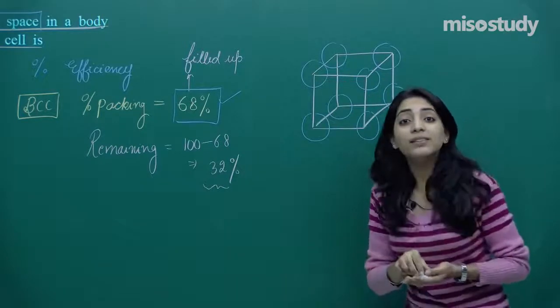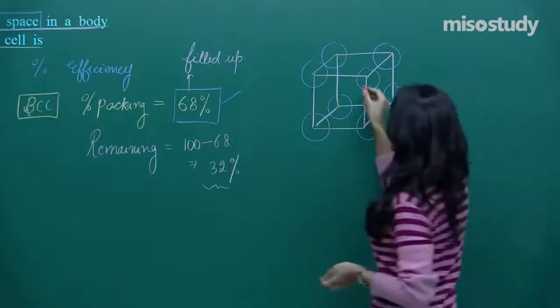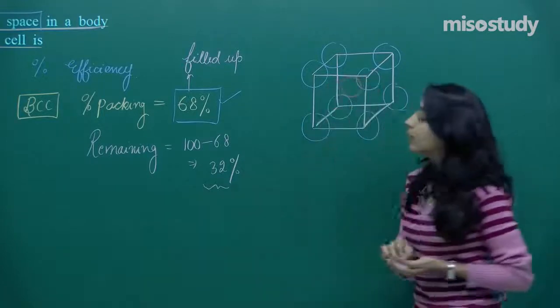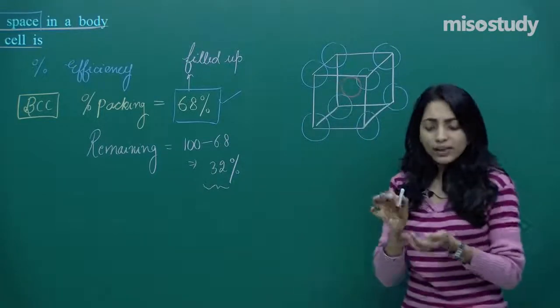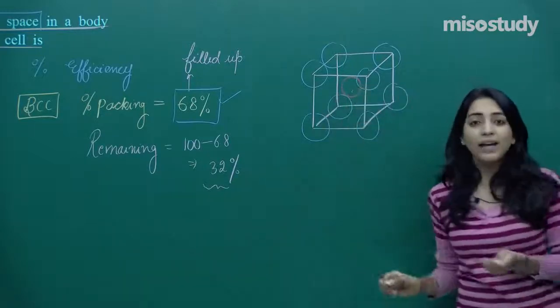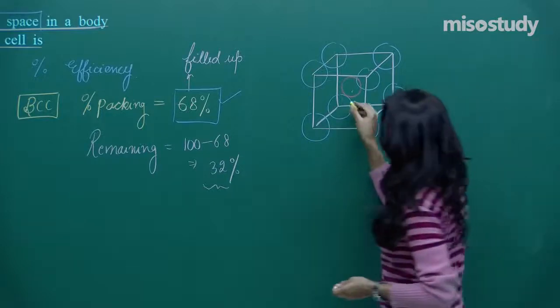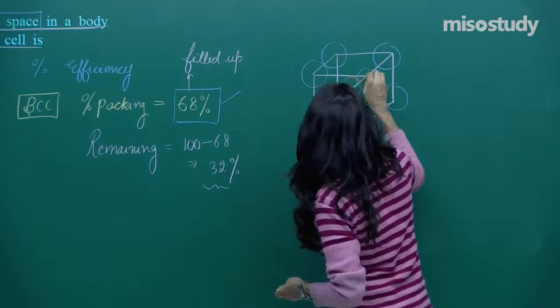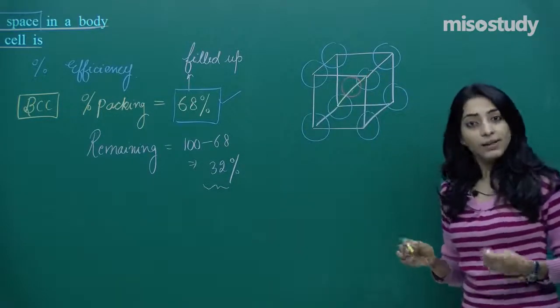Also, I'll be asking you to place one atom in the center of the body. Okay. So guys, see very carefully. Don't you think when you have placed this pink atom in the center of the body, then all these three diagonal elements are touching each other, right?